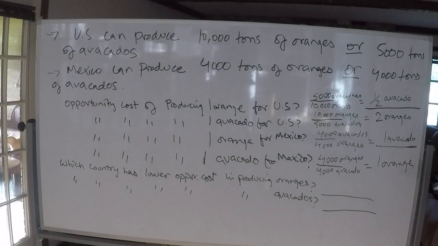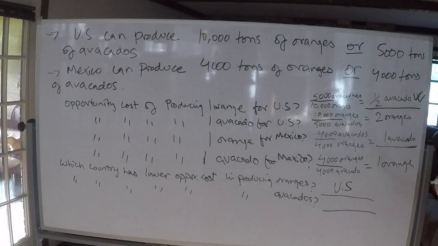So who has a lower opportunity cost, US or Mexico? Which number is lower, half or 1? Half is lower, right? So US has a lower opportunity cost in producing oranges. So US has a comparative advantage in producing oranges.